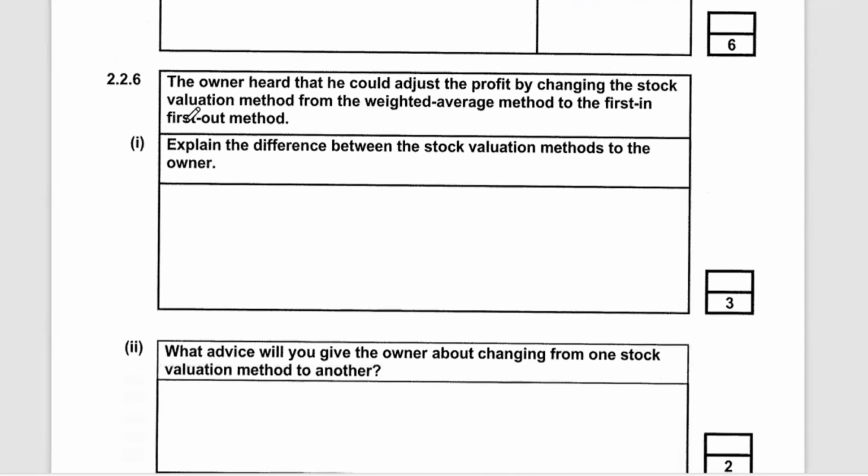Then 2.2.6, the owner here thinks that he could adjust the profit by changing the stock valuation method from the weighted average method to the first in, first out method. Explain the difference between the stock valuation methods to the owner. So now, if the owner chooses to use FIFO, let's start by saying the closing stock value is higher.